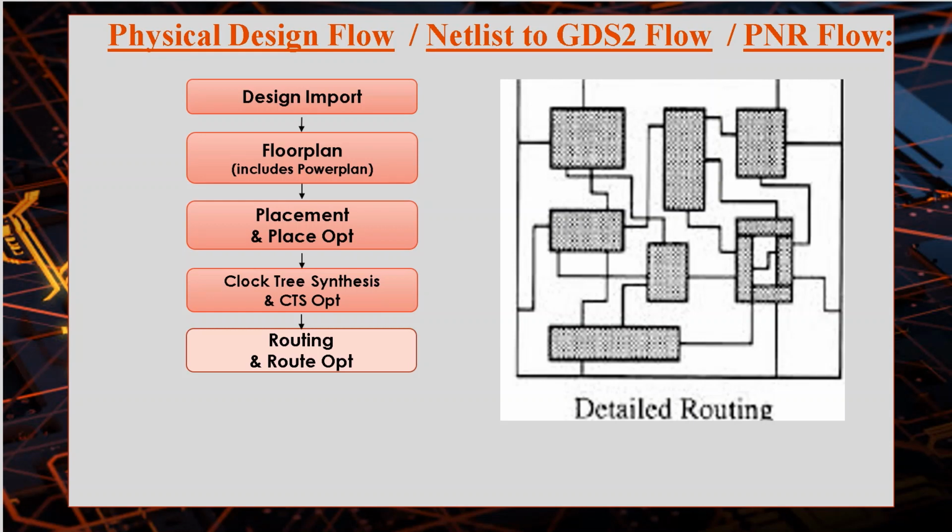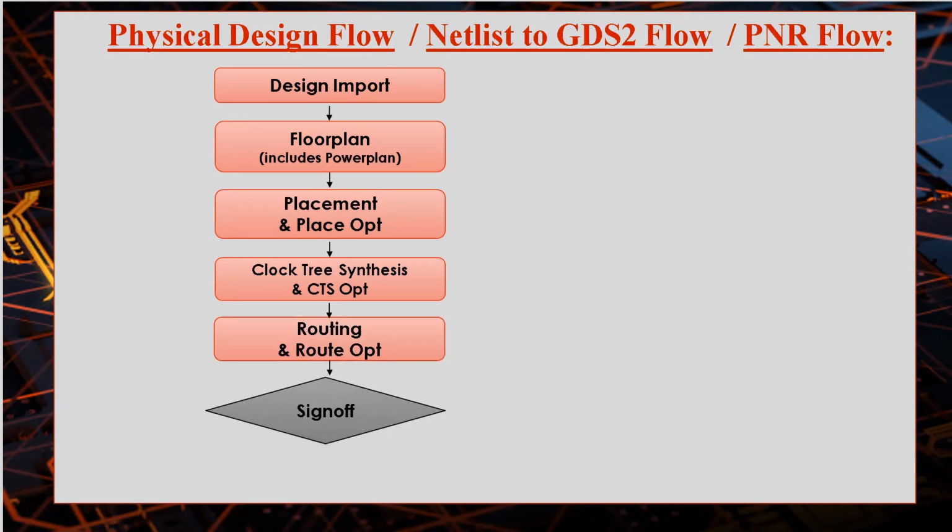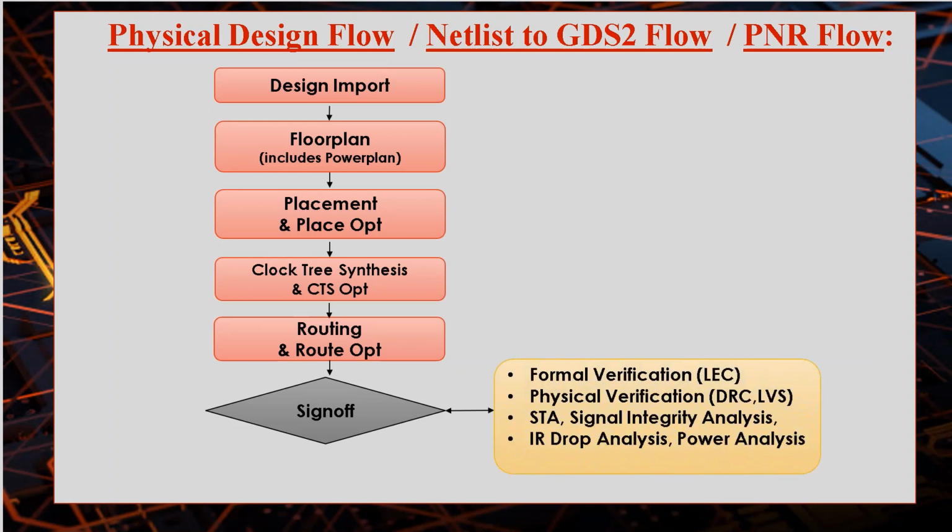After route opt, the output will be sent for sign off, which includes formal verification, physical verification, STA, IR drop analysis, power analysis, etc. There may be different teams, like the STA team for timing analysis, the PV team for physical verification, and the IR and EM team for IR drop and EM analysis, etc. The tools used by them are also different.